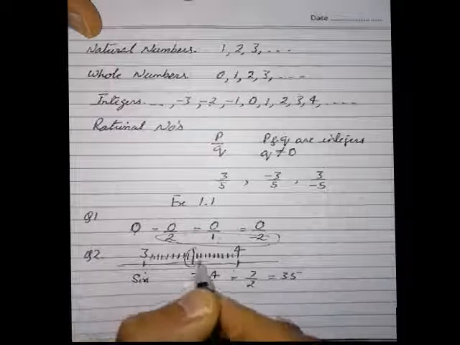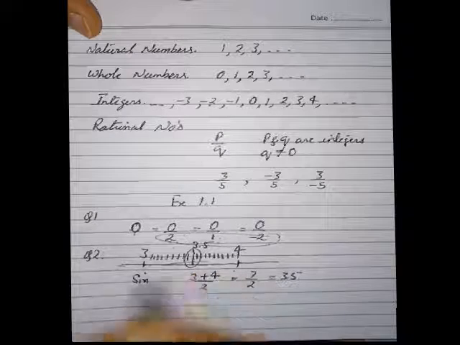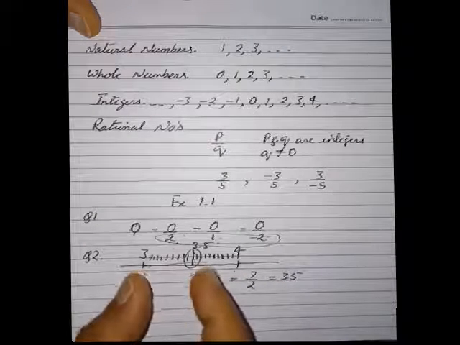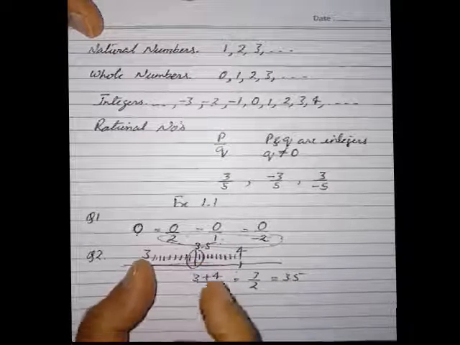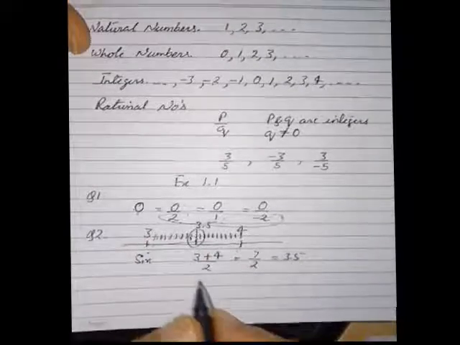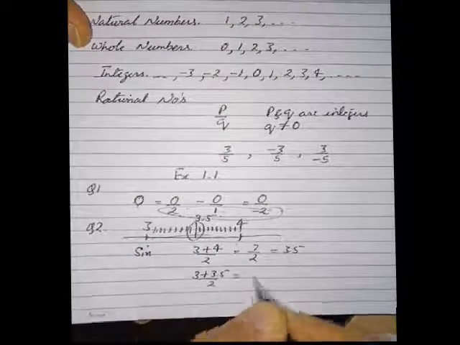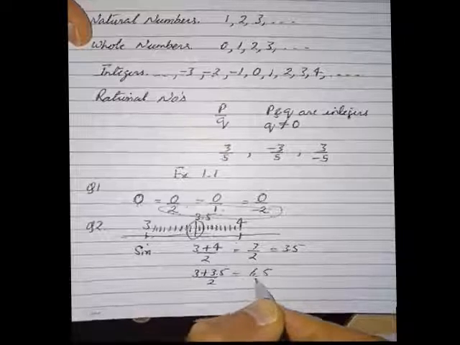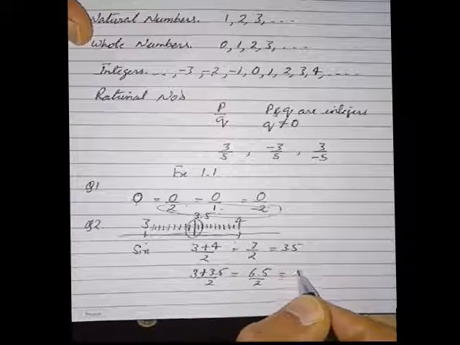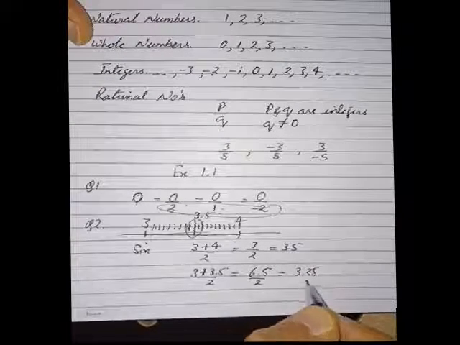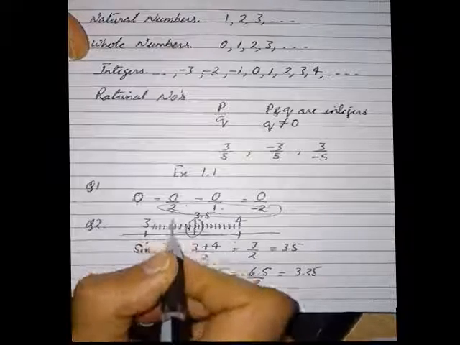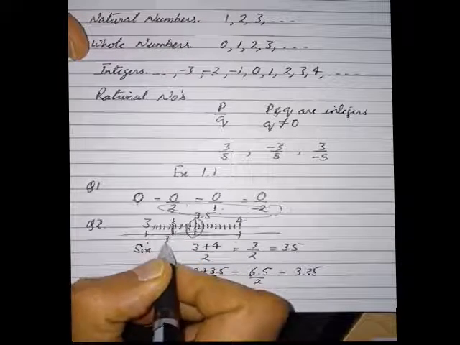So this particular value is 3.5. Now we have to find the value between 3 and 3.5. For that, 3 plus 3.5 divided by 2 gives 6.5 divided by 2, which comes out to be 3.25, exactly at the center.